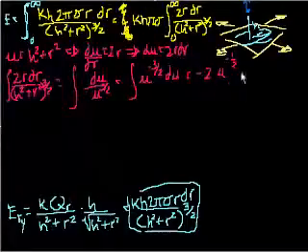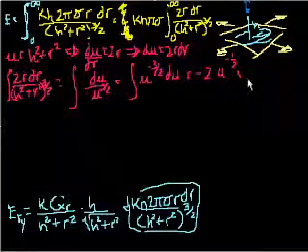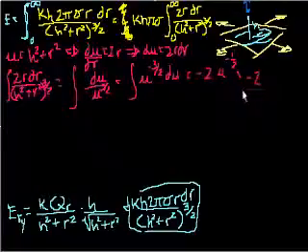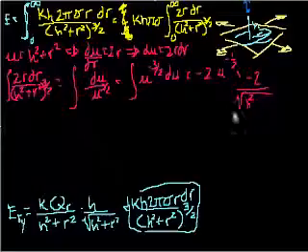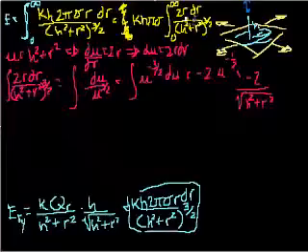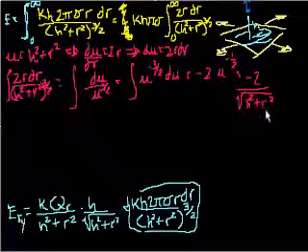Or we could say that this is equal to, since we made that substitution, minus 2 over u to the 1/2, that's the same thing as over the square root of h squared plus r squared, right? So all of this stuff I did in magenta was just to figure out the antiderivative of this, and we figured it out to be minus 2 over the square root of h squared plus r squared.